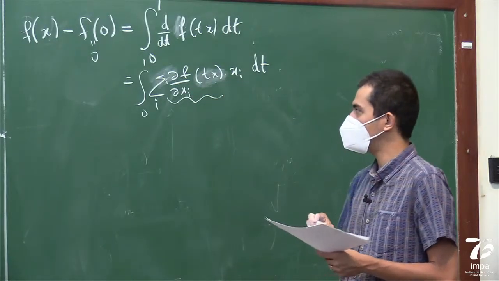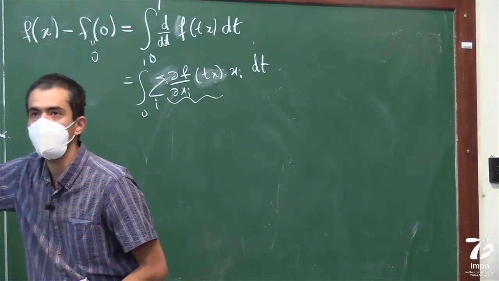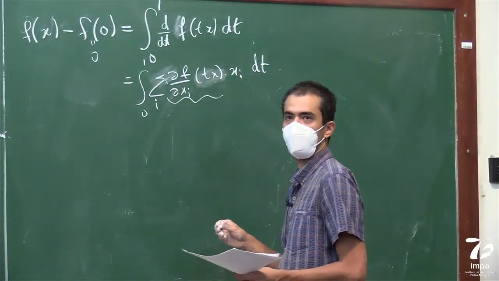Now you can look at what this guy is. Because the derivative at 0 is 0, because 0 is a critical point, because of this condition, you can write this guy as another integral.